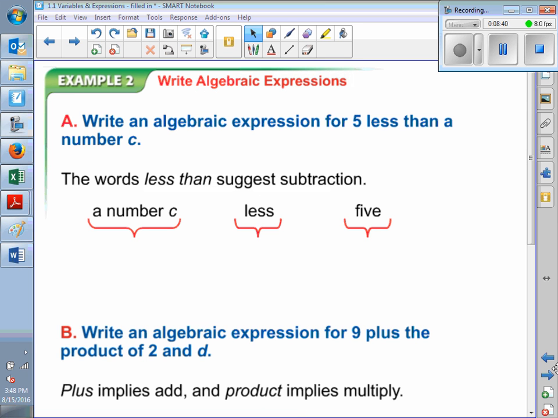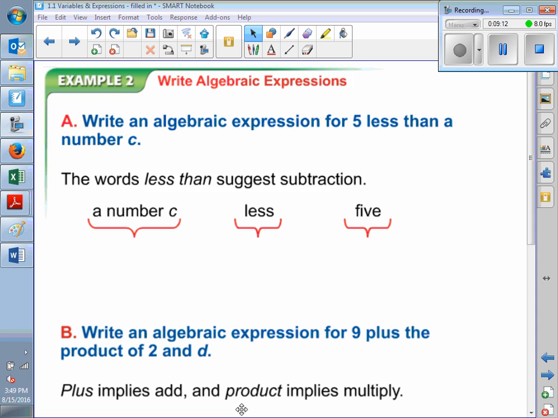All right. Writing algebraic expressions. We want to write an algebraic expression for 5 less than a number c. Now again, when we're going from the words to the math, we're just translating to the algebraic expression. So what words in there tell me the operation? Look here, less than suggests subtraction.